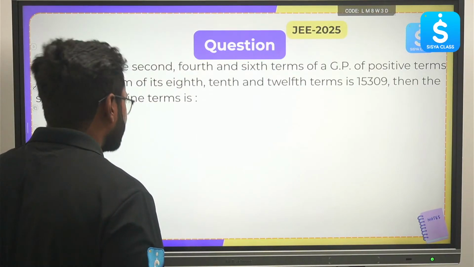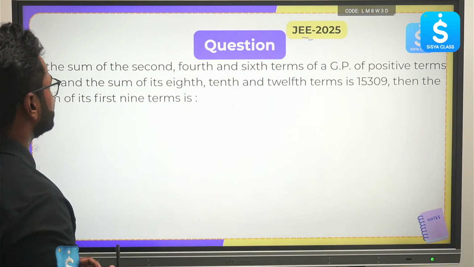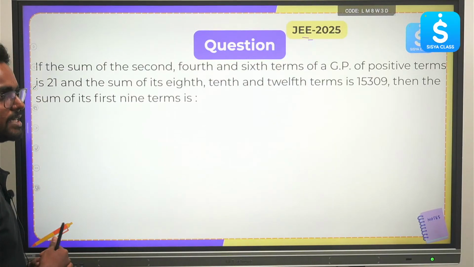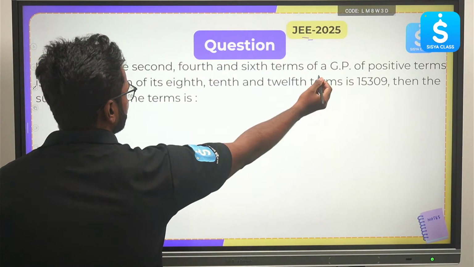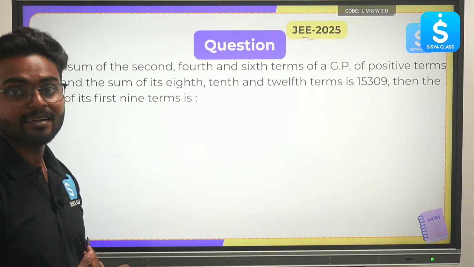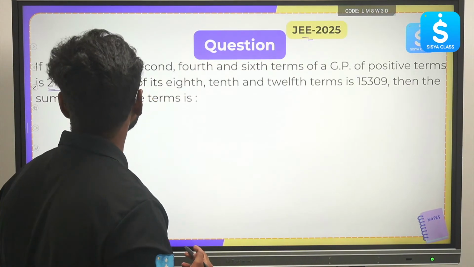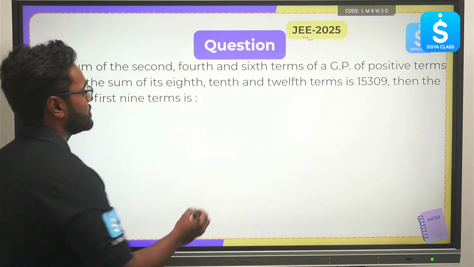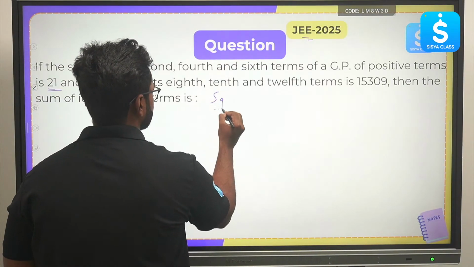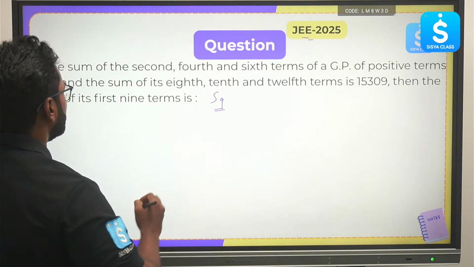Now, second question, it's from JEE 2025. If the sum of the second, fourth and sixth terms of a GP of positive terms is 21 and the sum of its 8th, 10th, 12th terms is 15,309, then the sum of its first 9 terms is asked, that is S9. Okay, let us see the conditions. What is the second term?